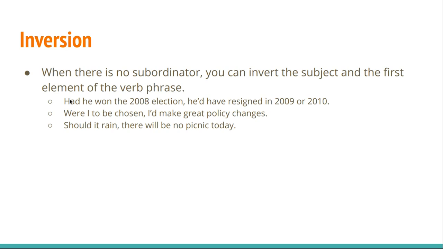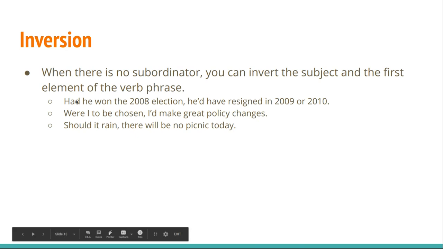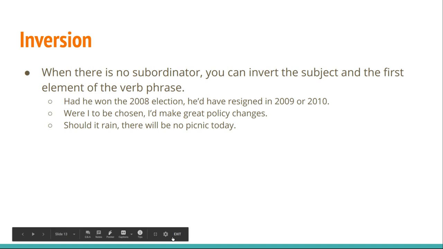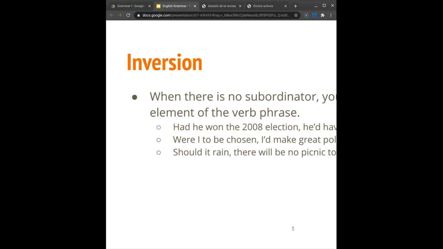But we don't have a subordinator, that's why we front the first element of the verb phrase. Were I to be chosen, if I were to be chosen. Should it rain, if it rains, okay? So we have the option to apply inversion in these cases, which might prove useful whenever you are delivering a presentation or writing something that is more narrative. It sounds really good. Try to use it. Be judicious.